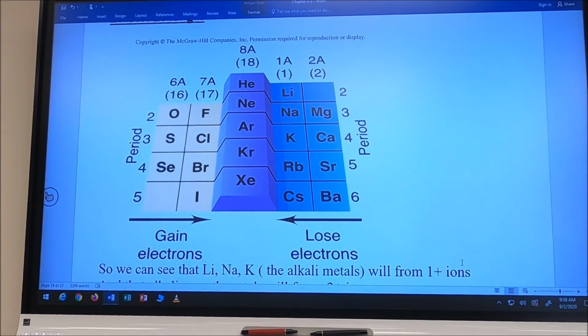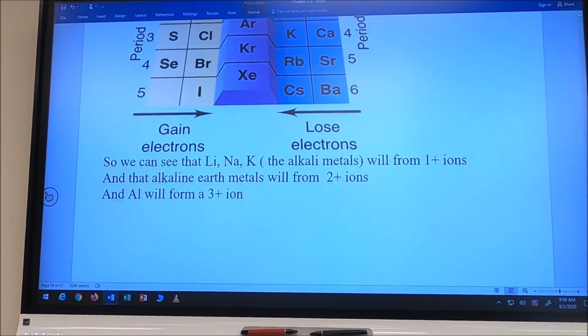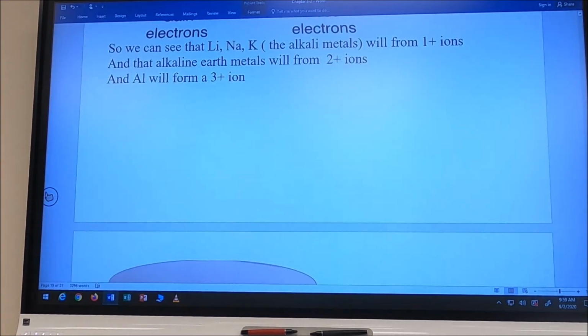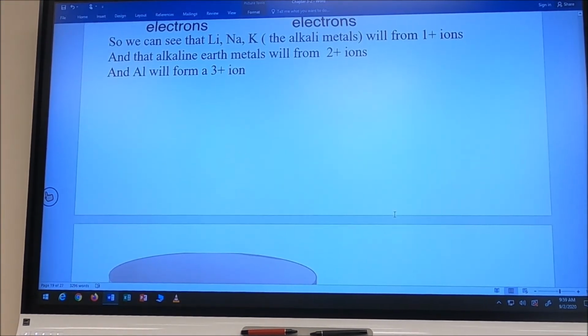Okay? So everybody in the first family on the periodic table is going to lose 1 electron. The next one, going to lose 2. So the members of the first family, which by the way are called alkali metals, their common name, are all going to form +1 ions.